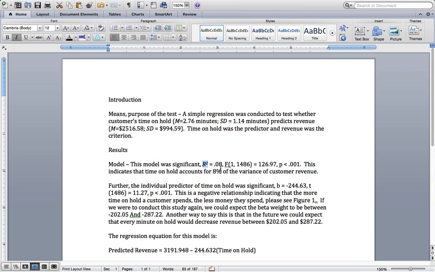Then once you do that, you want to italicize it. Your F is italicized just like it was in ANOVA. So is your P. And then here, your B is italicized, your T, and your P.